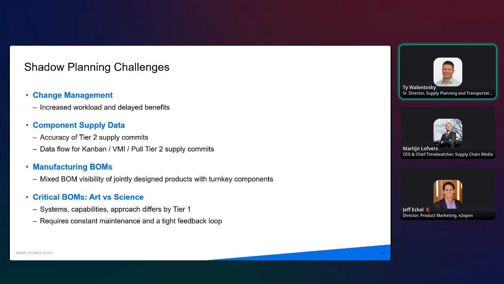So what we're having to do is recreate that circular motion, connect with our tier ones' shop floor, purchasing, and planning teams, so that we have that same information inside of our shadow plan, and we can successfully run it. And it's a good digital twin of what's happening on their side.